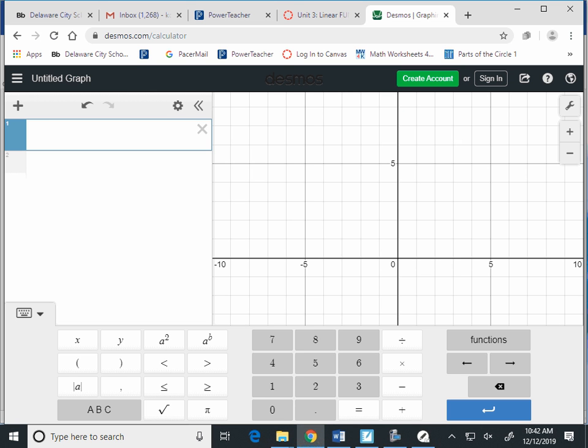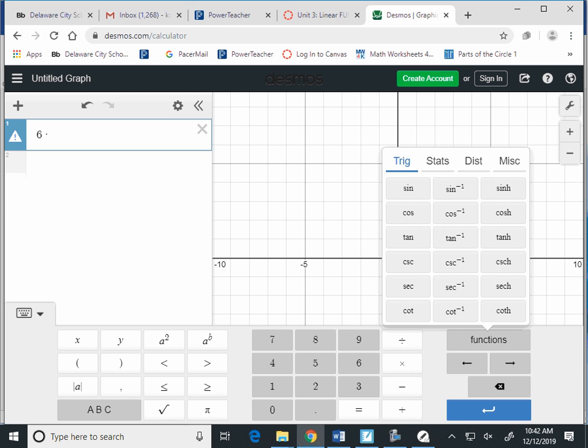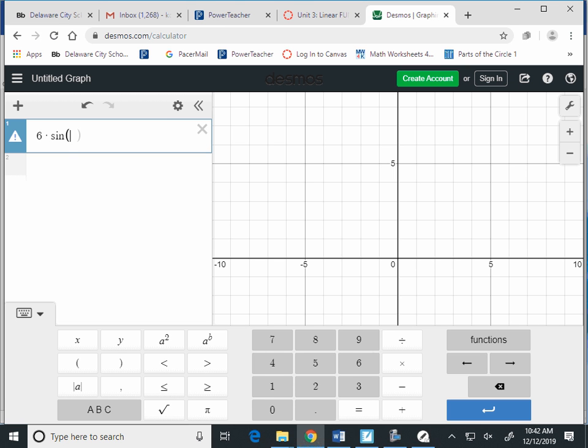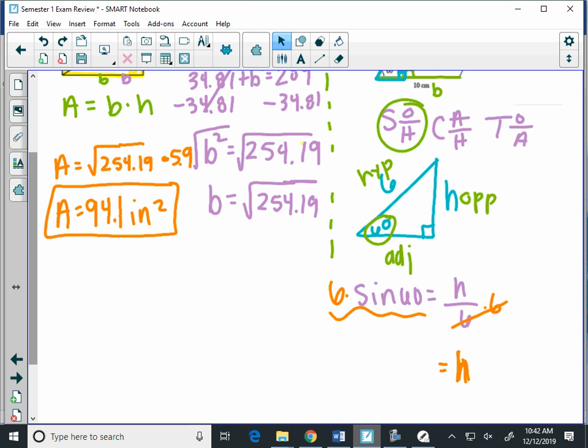Now you're in degrees. So we're going to do 6 times the sine of 60. And round that to the nearest tenth, I'm going to say 5.2. When we use trig, it's okay to round. If we have a radical, keep it as a radical, but we're going to round here to 5.2.